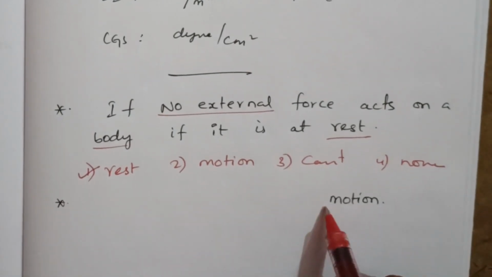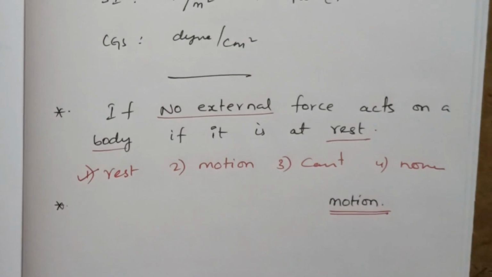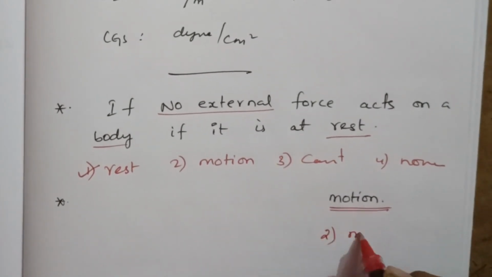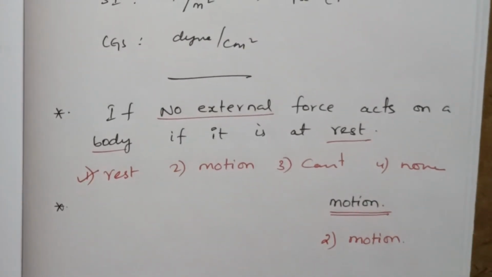Next, if no external force acts on a body and the body is in motion, with the same options, the answer is motion. That object also continues to be in motion.